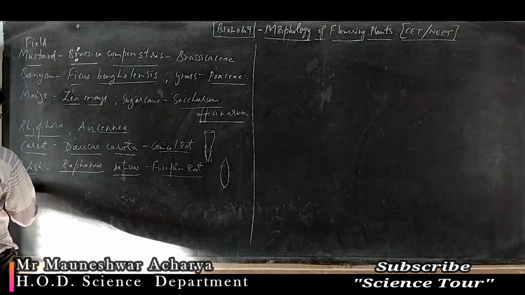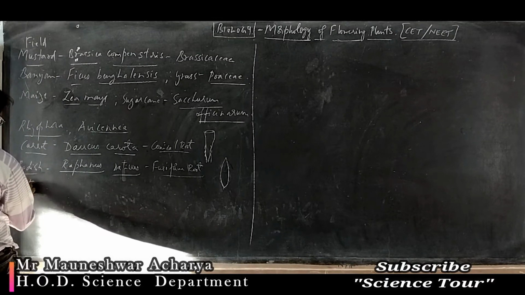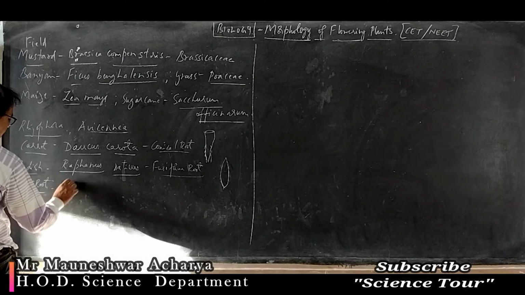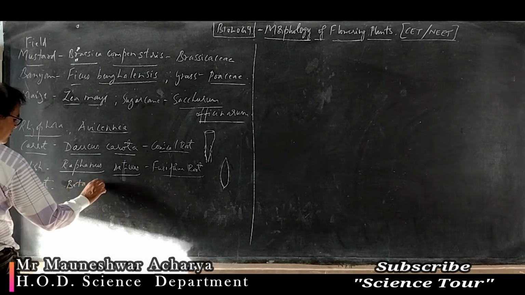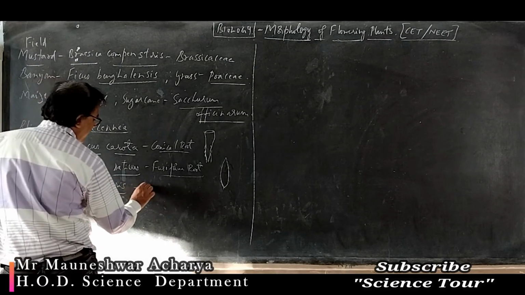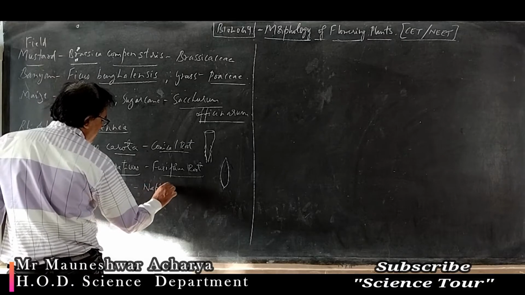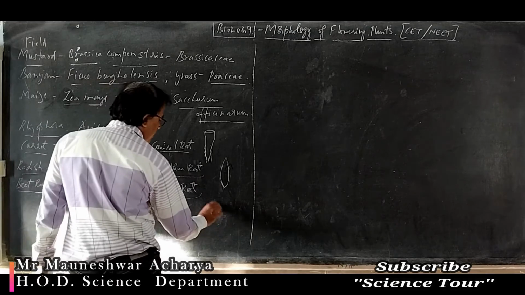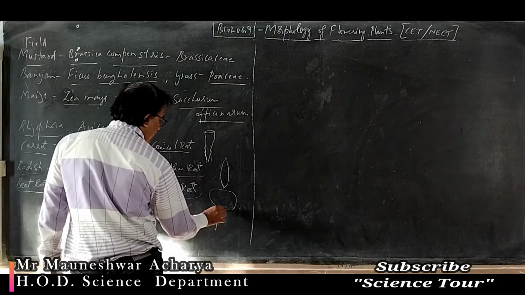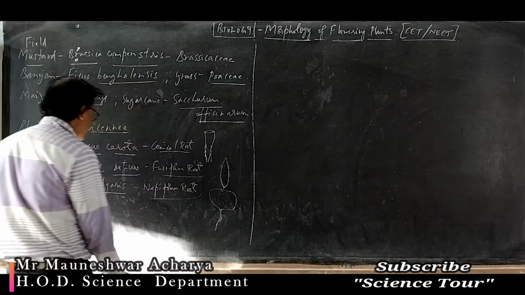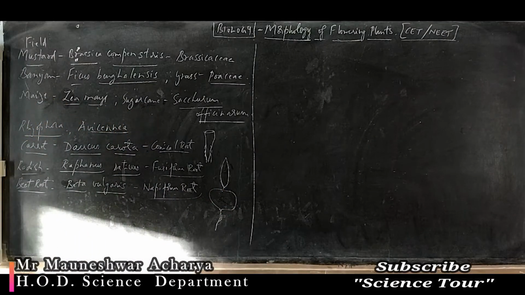Or you see in the case of beetroot, Beta vulgaris, the scientific name, that is called a napiform root. Napiform root means it is broad at the top and suddenly tapering towards the base. So that is in the case of beetroot, Beta vulgaris.